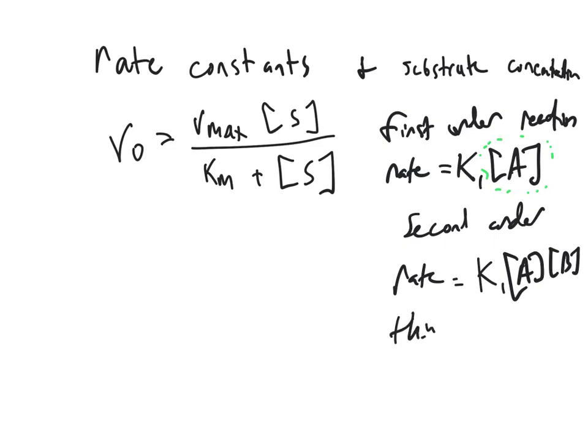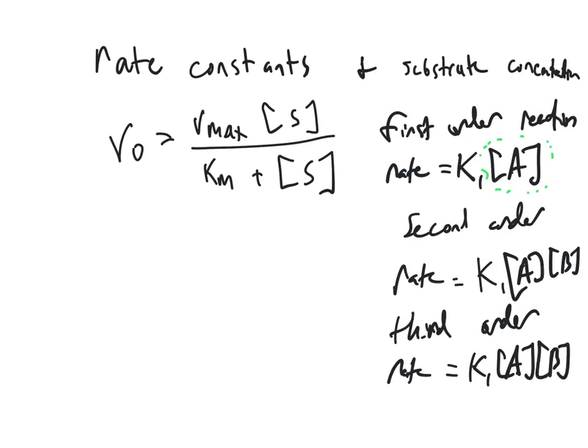Third order, also what you'd expect. Now you have 3 things that are going to affect it. So you'd have A, B, and C.